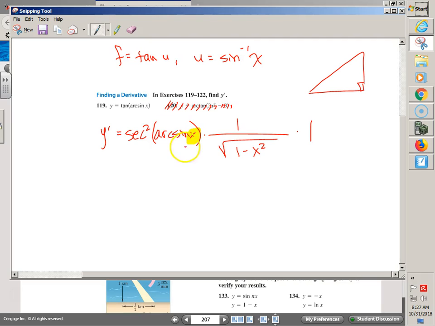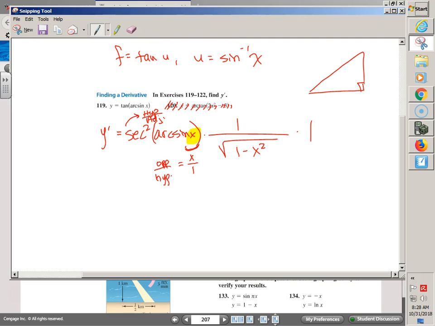It's like, wait a minute, if it gave me a ratio, I can actually use that ratio. I know it's opposite over hypotenuse because of sine. And then for secant, I want hypotenuse over adjacent. If you have two sides of a triangle, you can find the third one. You can actually get me the secant squared.